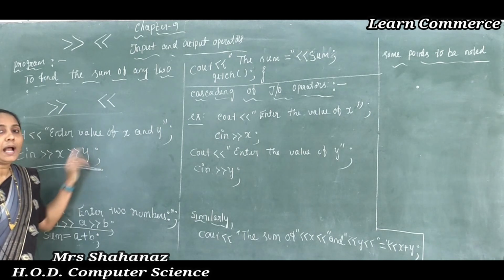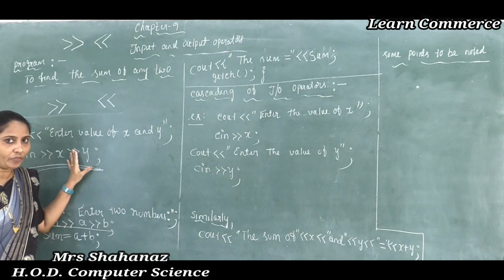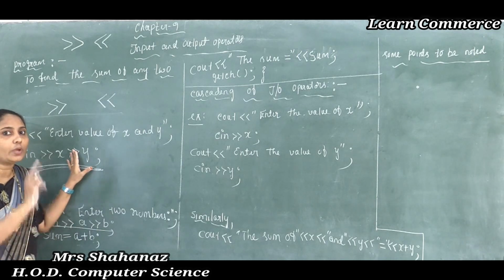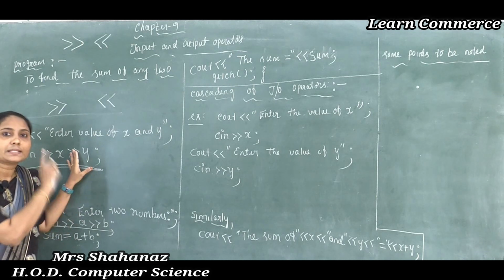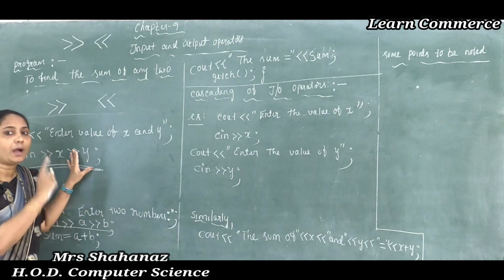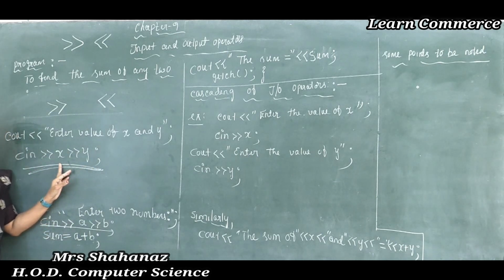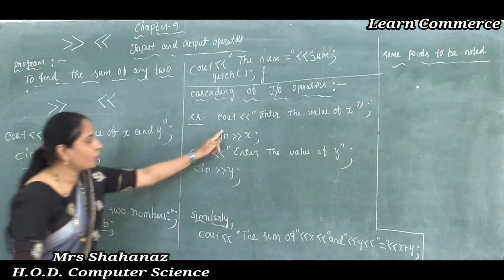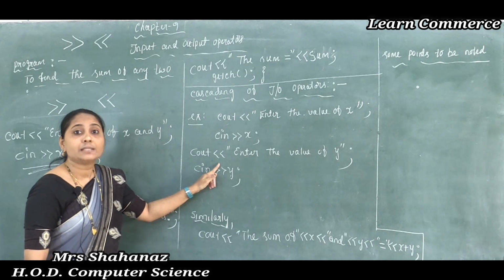Clear this point? As we know, if a program requires more than one input variable, then it is possible to input these variables by using a single cin statement with the multiple stream extraction operator, and this is called the cascading of input operator. It is not called the cascading of input operator if we write them separately, correct?